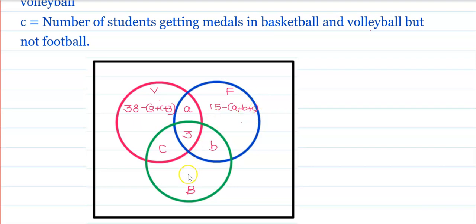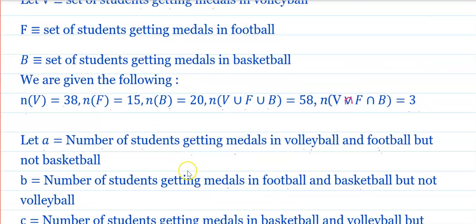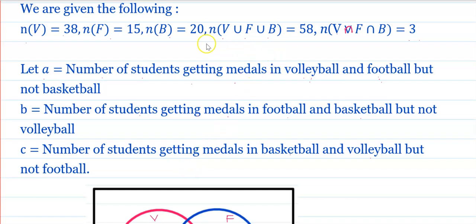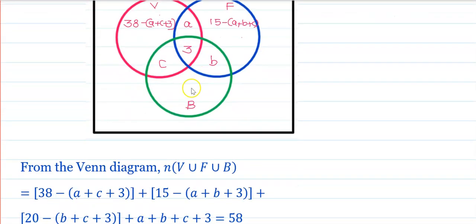And what about the basketball? How many students get the medal? The total number is 20. Therefore here 20 minus in bracket B plus C plus 3.